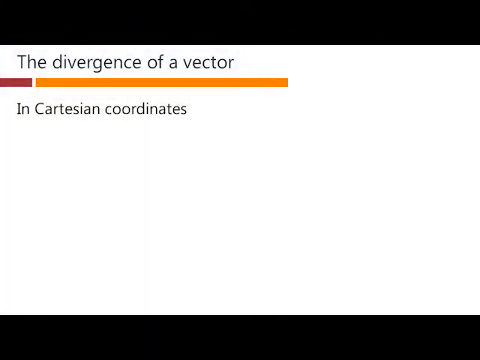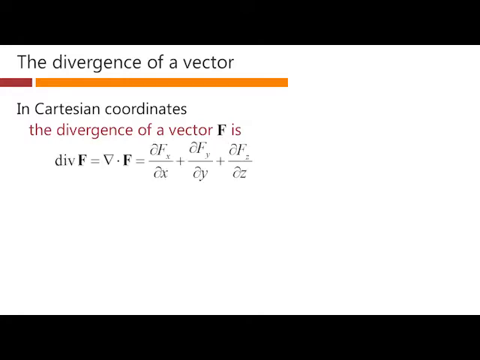In Cartesian coordinates, the divergence of a vector f is written like this, sometimes div of f. Actually, I won't use that notation, but this, del dot f, which is like the gradient operator, but a vector dot product into the vector f.